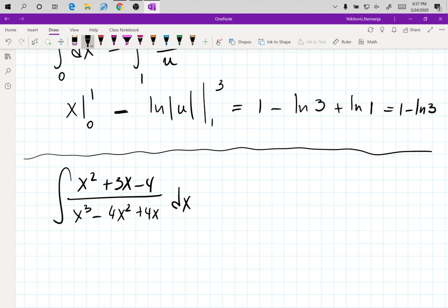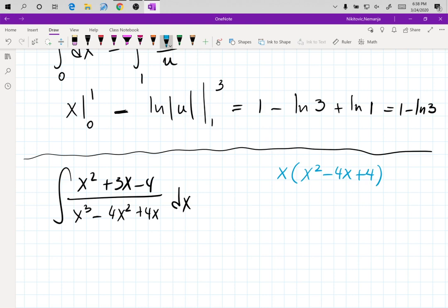Let's see. Well, we factor first, right? We can kick x out, and that leaves us with x squared minus 4x plus 4. And that's it.